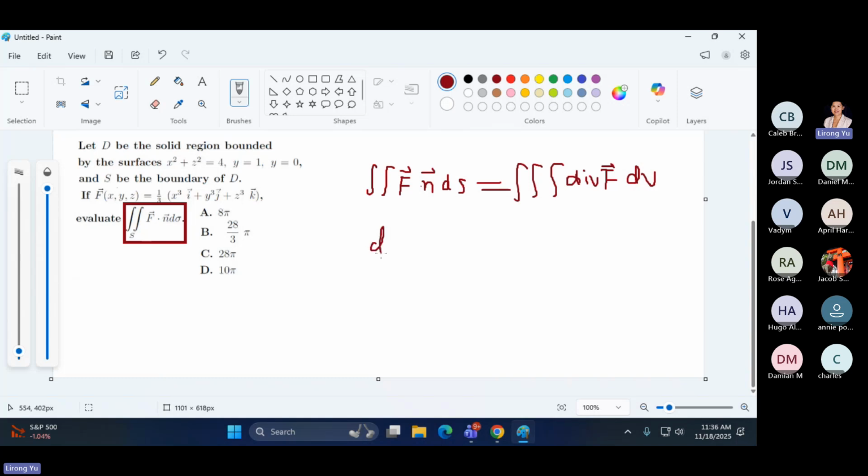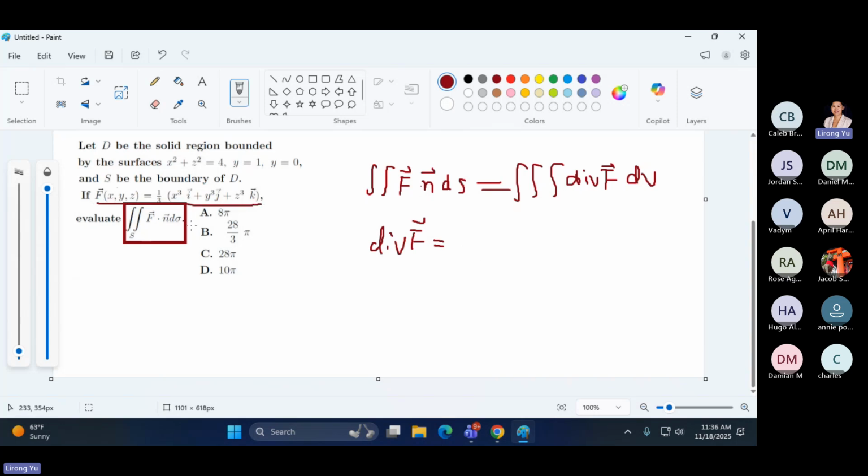Now the divergence is a single number, so it's a little bit better. We don't have to worry about things like Stokes' theorem. After we find the curl, we have to find the normal vector of the surface. But in this case, all we have to do is find the divergence. It's a single function.